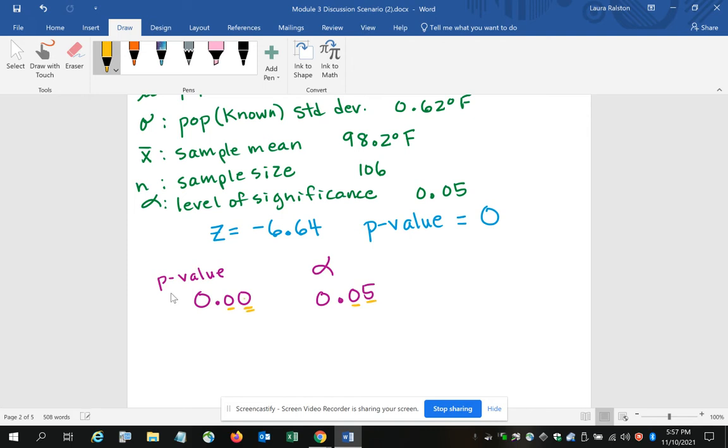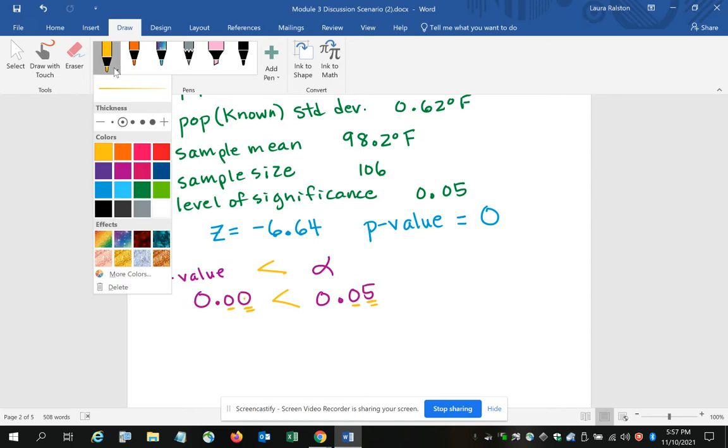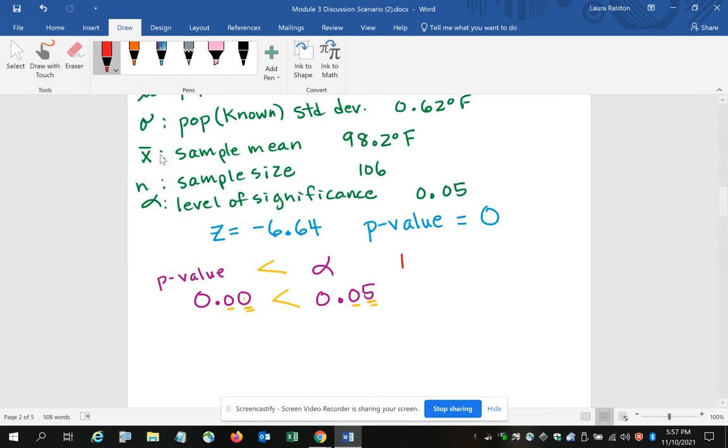0 is less than 5, so P is less than alpha. The guidelines say when P is less than alpha, we are going to reject the null.